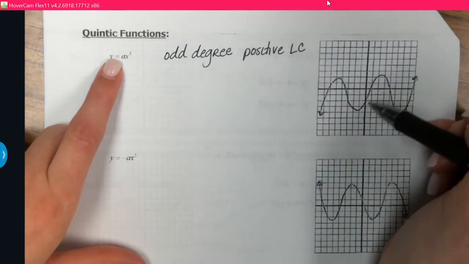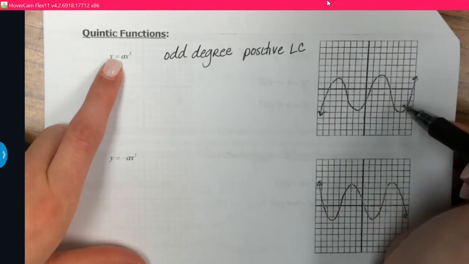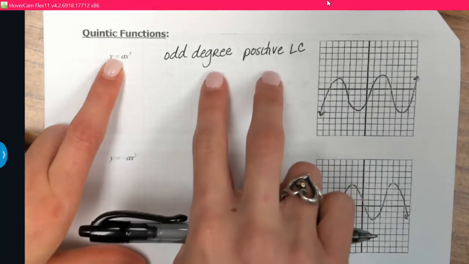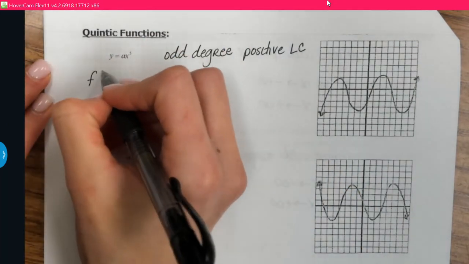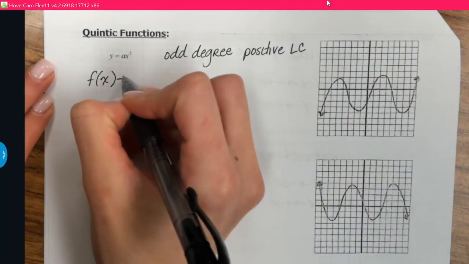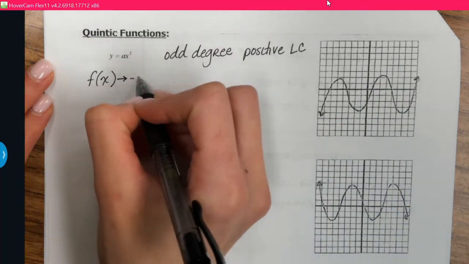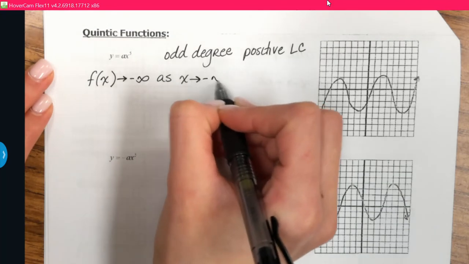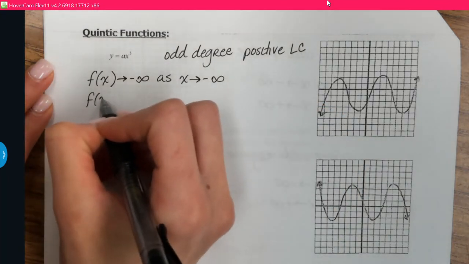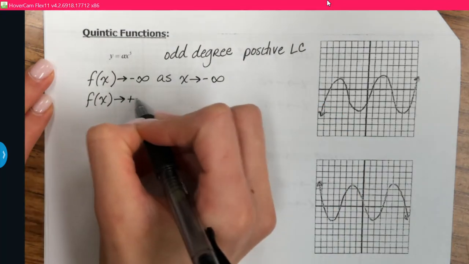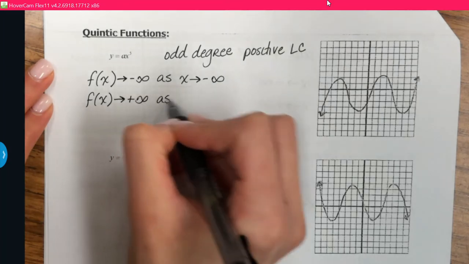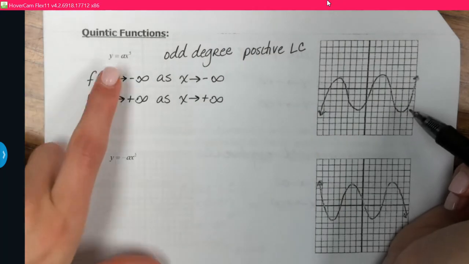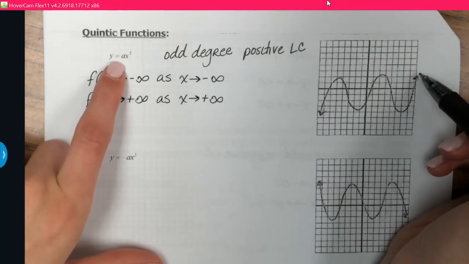So I could have a whole lot going on between here, but my end behaviors are predictable just from those two characteristics. So my function is going to approach negative infinity as x approaches negative infinity. And then my function approaches positive infinity as x approaches positive infinity.